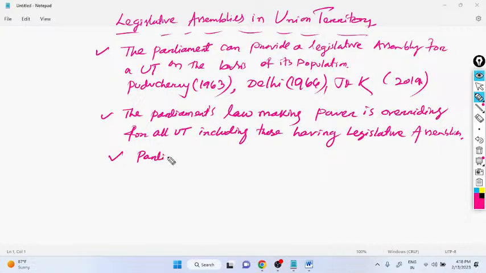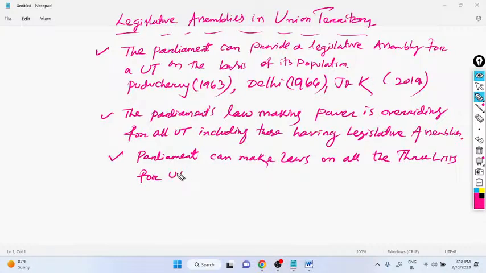Parliament can make laws on all the three lists for union territories.